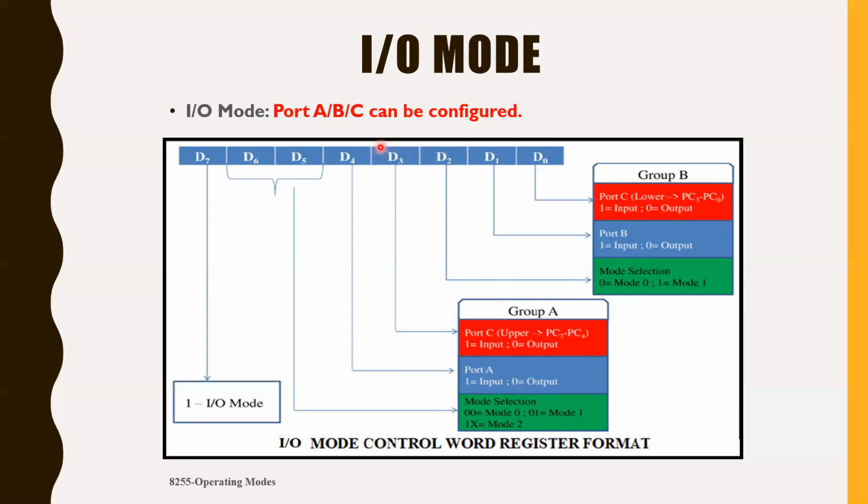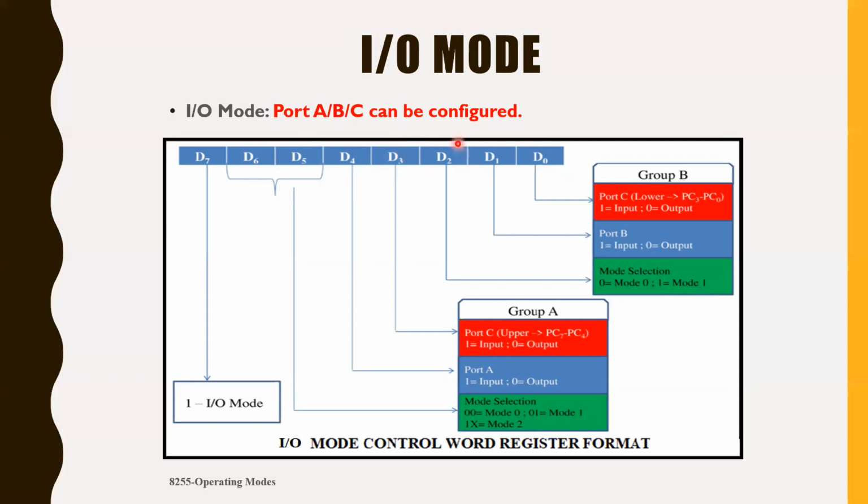Whereas the next cell, D3, is used to signify port C upper, that is PC4 to PC7. And again the concept is the same. If this cell contains 1, port C upper can be used as the input port, and if it contains 0, this port C can be used as the output port.